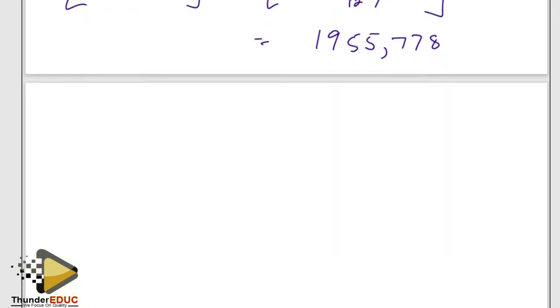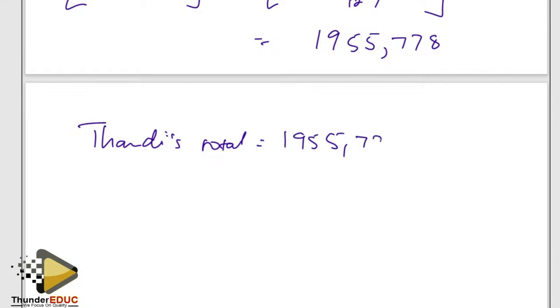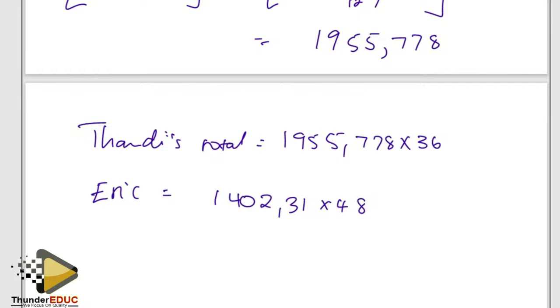So let's see Tandy's total. It is going to be 1955.778 times 36, and then we said Eric is going to be 1402.31 multiplied by 48. The answers I get, I need to subtract because they want the difference.